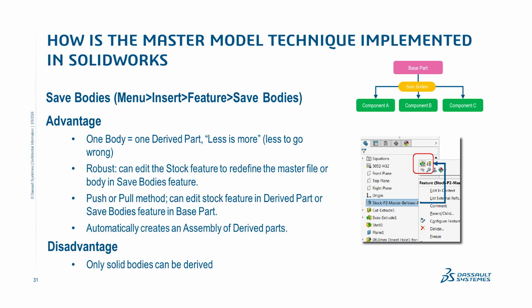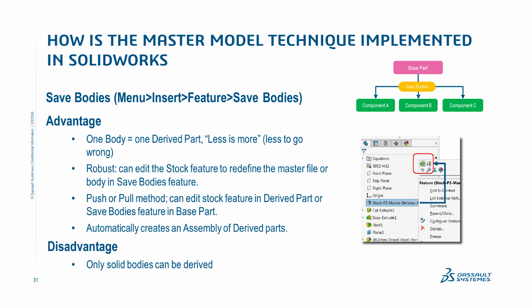That's the pull method. The push method would be that you can actually edit the save bodies feature in your master and reassign bodies. That's what makes it very powerful: it allows the author of the master to redirect the derived parts within the master file.